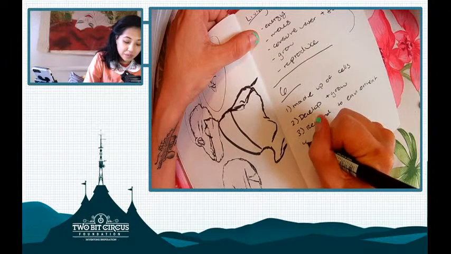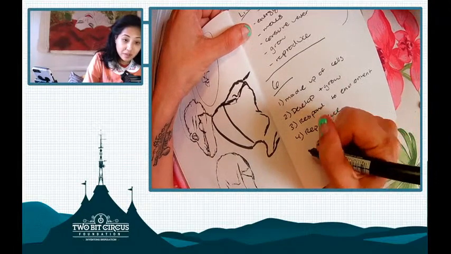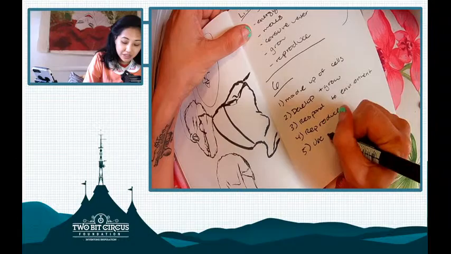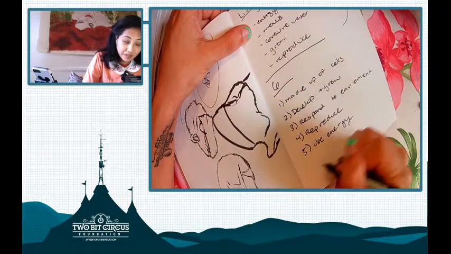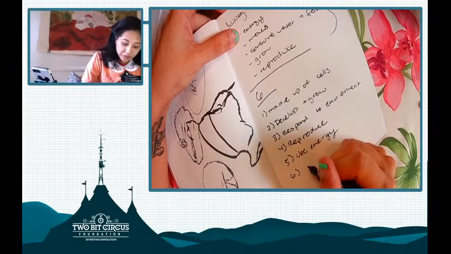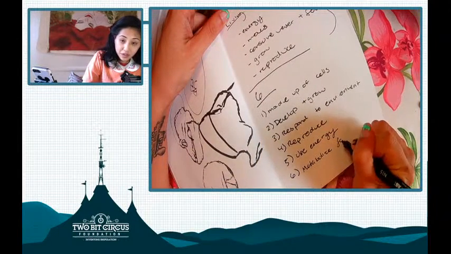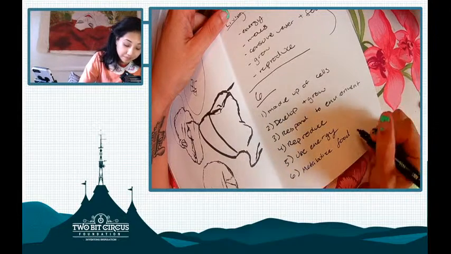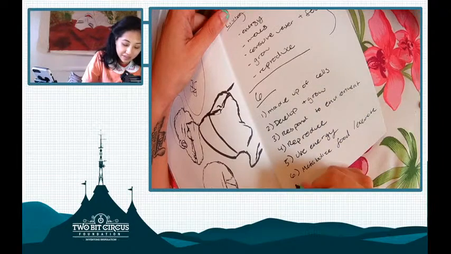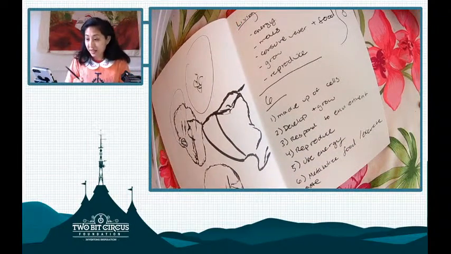Number 4, it has to be able to reproduce or make more. Number 5 is going to be that it has to use energy. And number 6, finally, it must be able to metabolize food or digest food is another way of saying it, or excrete waste, which is a fancy way to say poop.